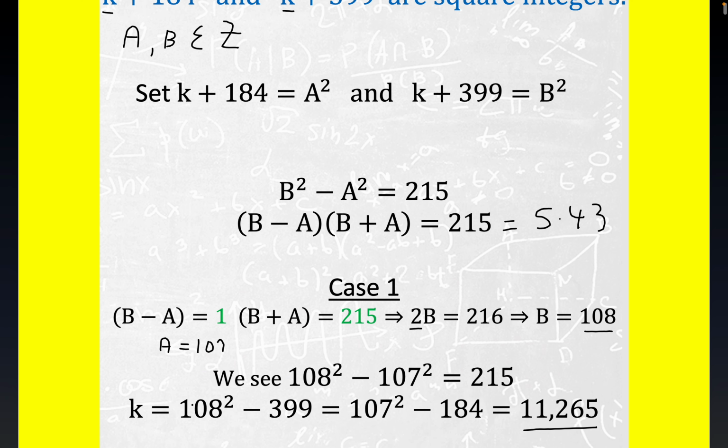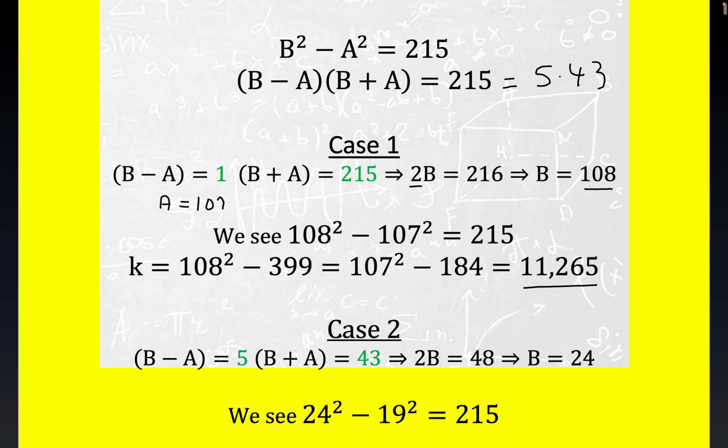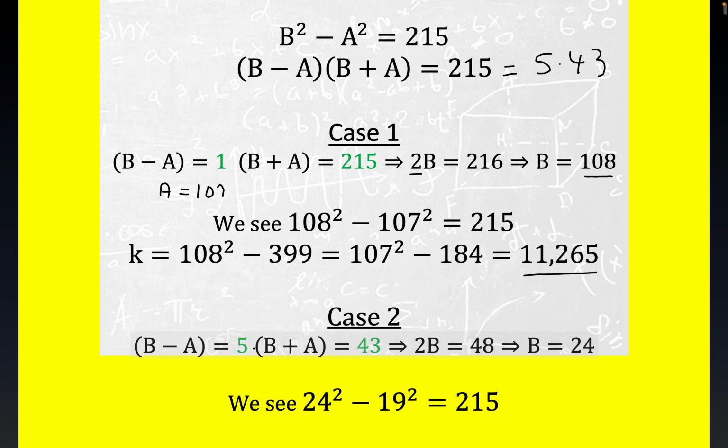Okay, so we've gone through case 1. Now we have to go through the case where we have 5 and 43. Remember, 5 and 43 are the only prime factors of 215. In a very similar fashion, we get 24 right here, and then you would get 19 if you substituted right back in here.